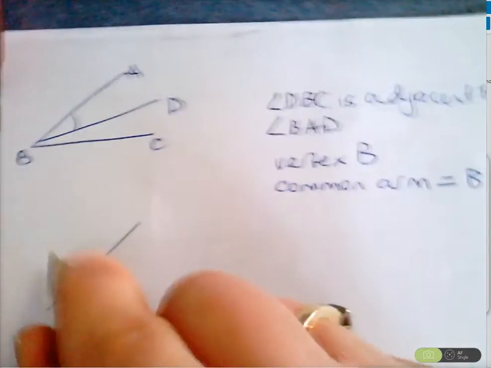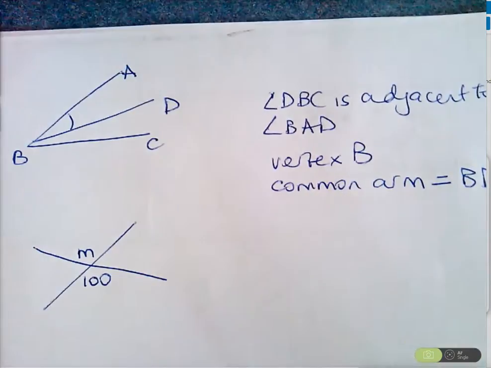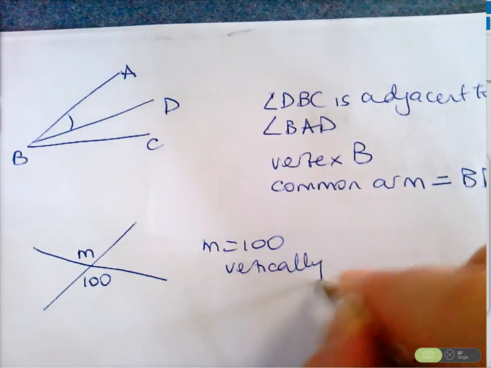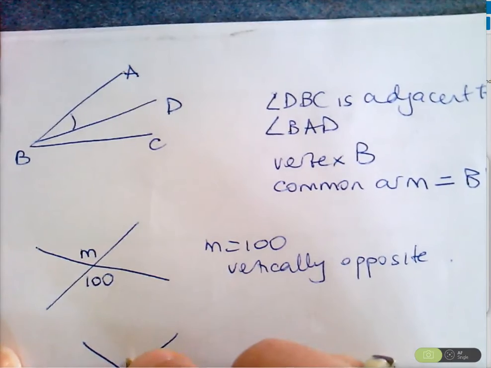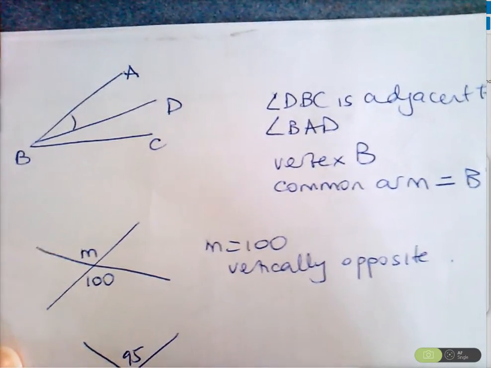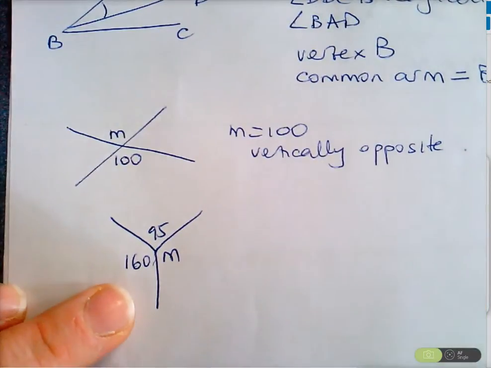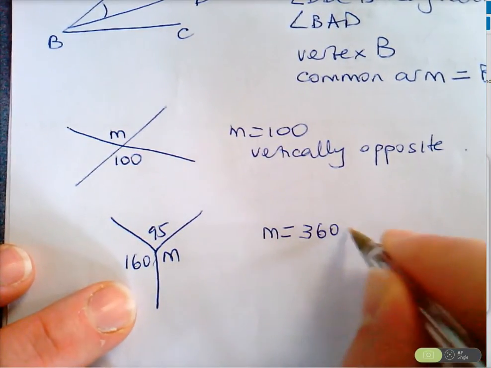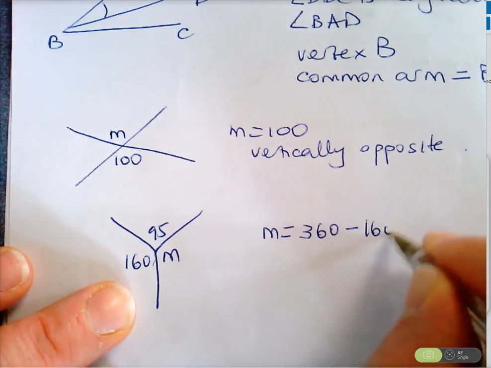Okay. Girls, what are these angles called? M is 100, vertically opposite. How do I work out this missing angle? No, not 160. 360 minus the others.